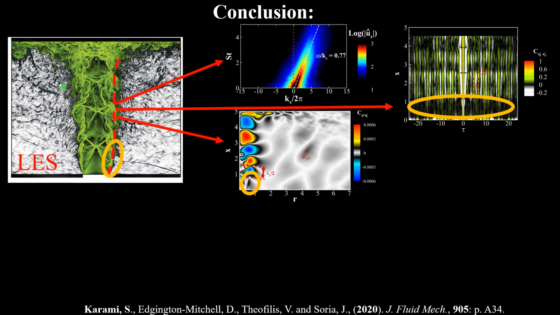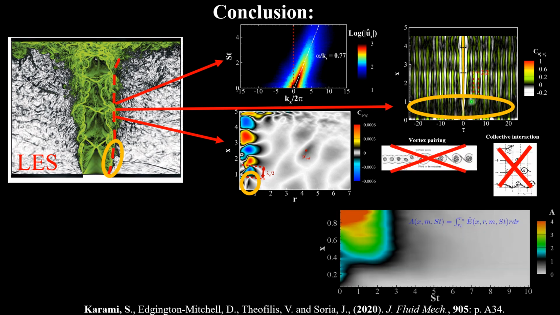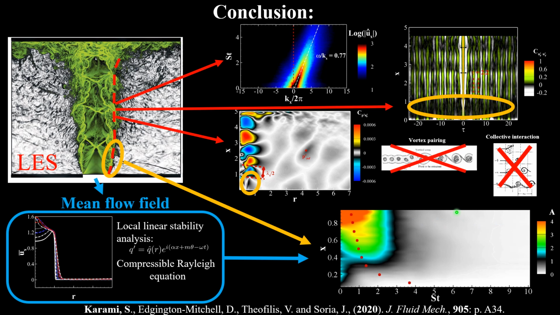High frequencies are converted to low frequency motions. We rule out the two mechanisms of collective interaction and vortex pairing. Utilizing the energy norm, we show that spatial growth is the mechanism of formation of coherent structures. We also use the local instability analysis and reach the same conclusion.